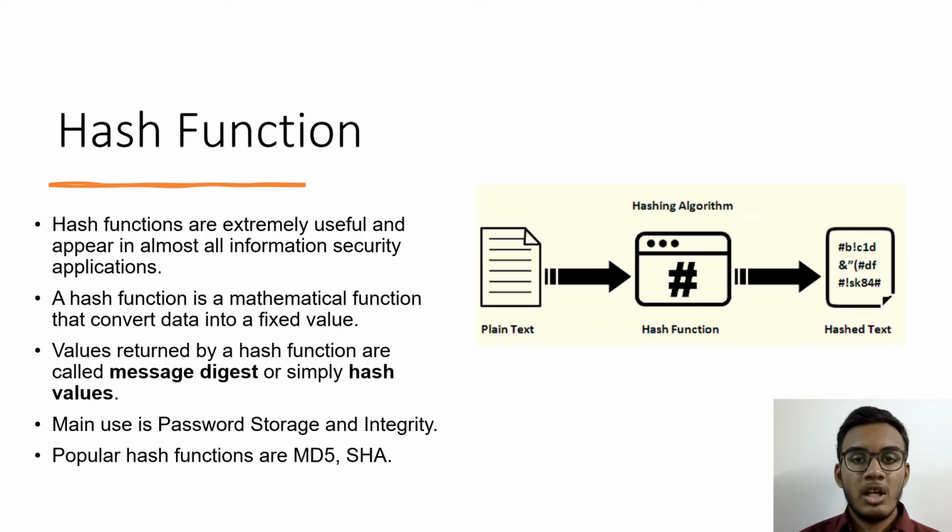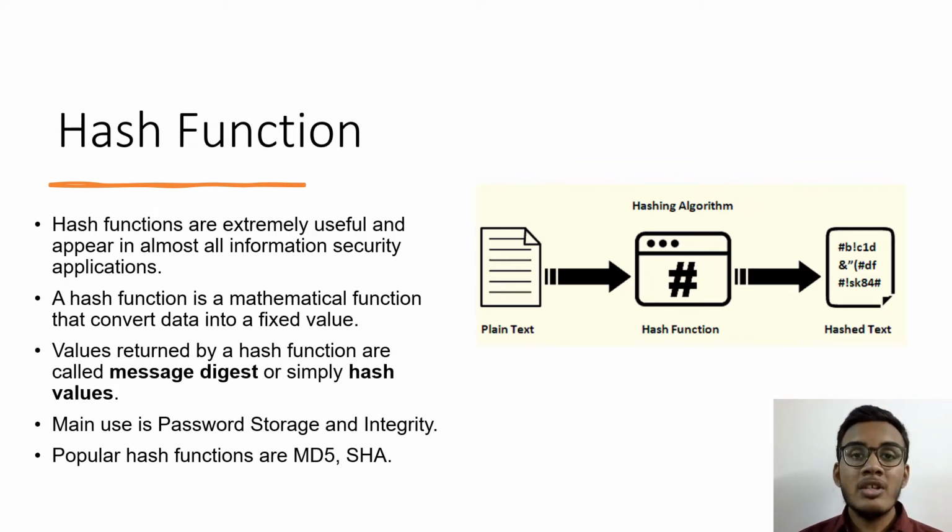Hash function. Hash functions are extremely useful in information security systems. A hash function is a mathematical function that takes the data as the input and converts it into a fixed value. This value is known as the message digest or simply the hash value.